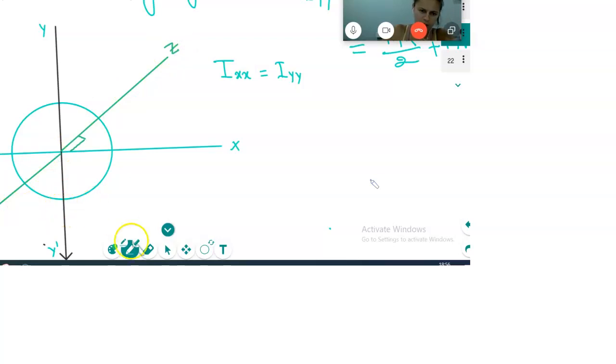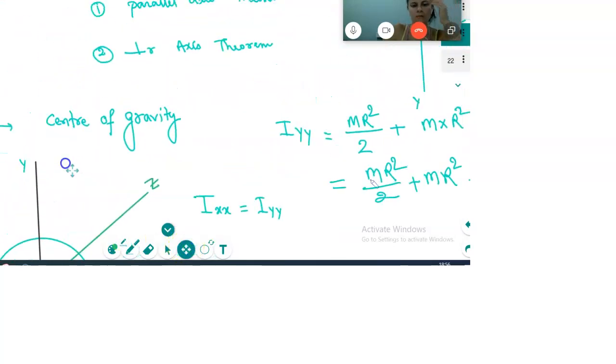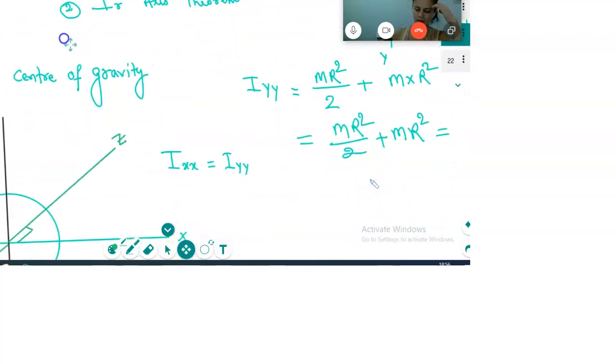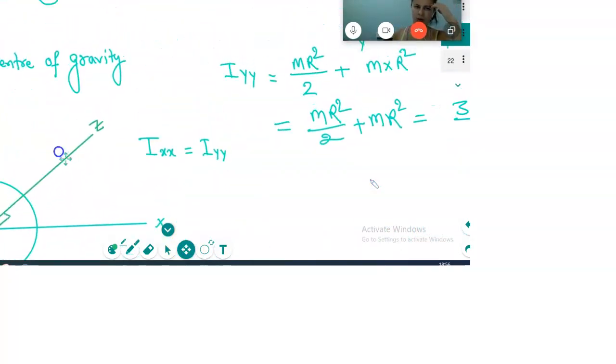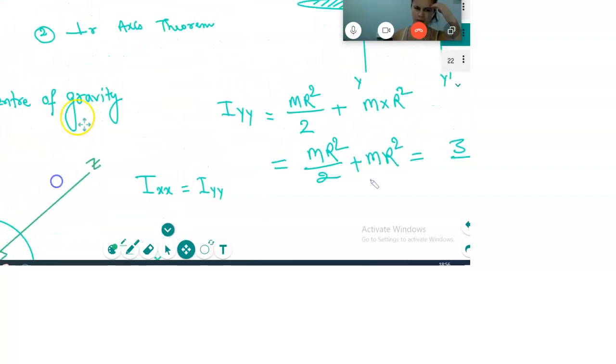Just Z. Now, right now, we have to find out the moment of inertia about which axis? The ZZ axis, perpendicular to the plane. Right now we have a disk.